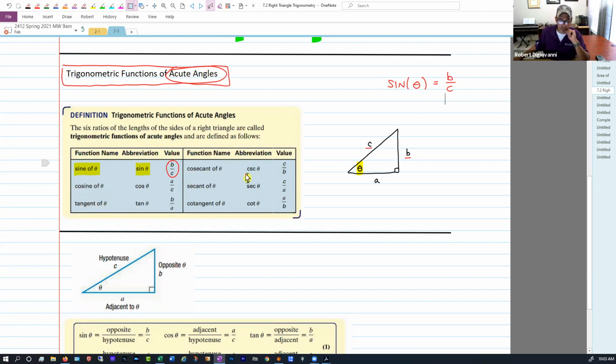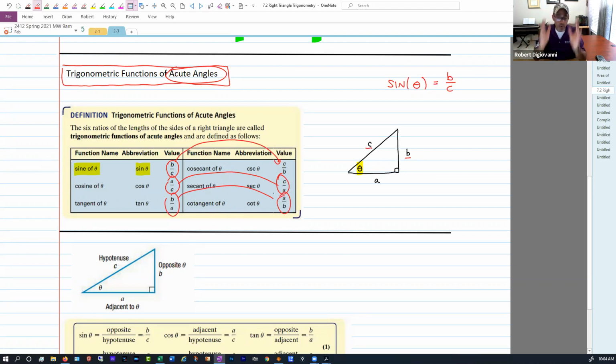Cosecant theta, which is written CSC theta, is C over B. Do y'all see that these are just flipped? Instead of B over C, this one's C over B. And then secant theta is C over A, so it's just that one flipped. And then cotangent of theta, written this way, is A over B, which is just that one flipped.